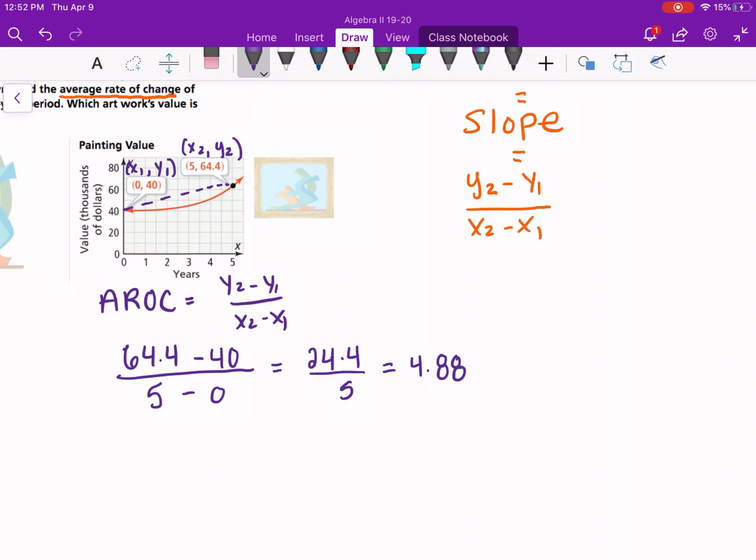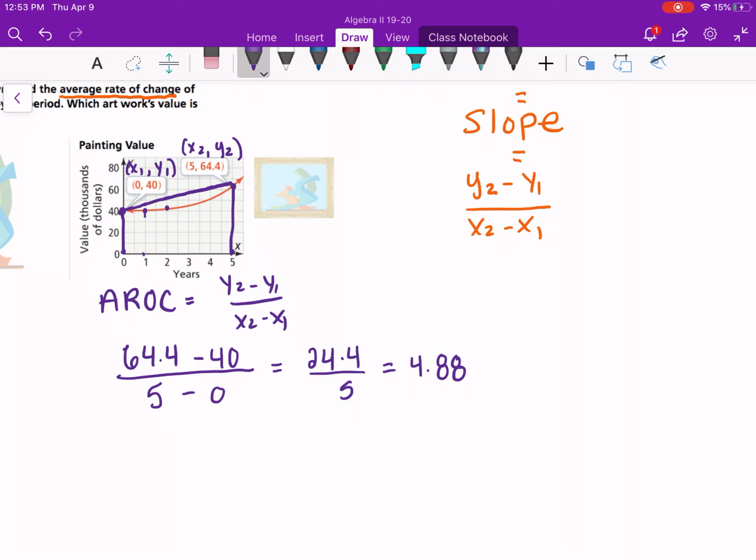So if you can see them on a graph, this means that in year 1, the painting was worth $40,000, and that means that in year 5, the painting is worth $64,400. So what that means is that on average, it increased about $4,000 in value every year. Okay, that's what we just tracked. So it's not actually, because if you look in year 1, it looks like it's still about 40.